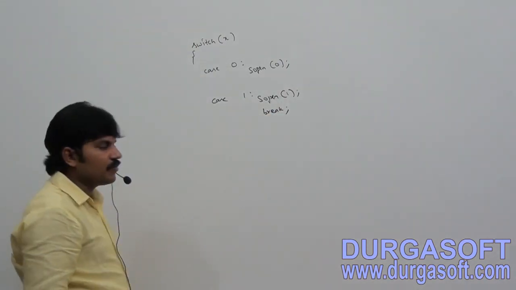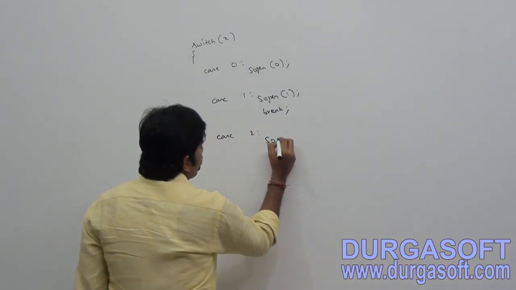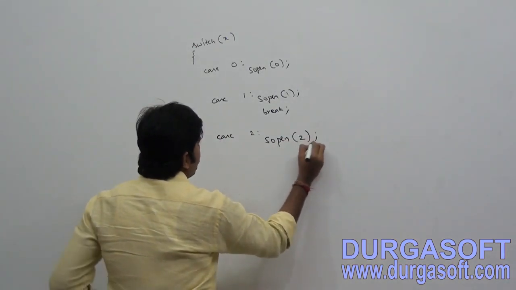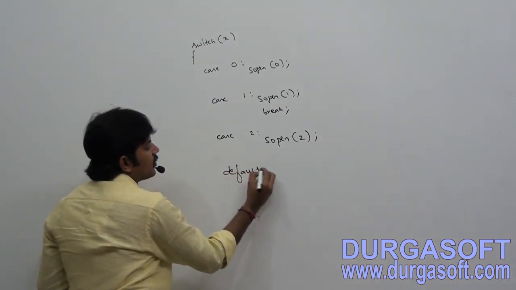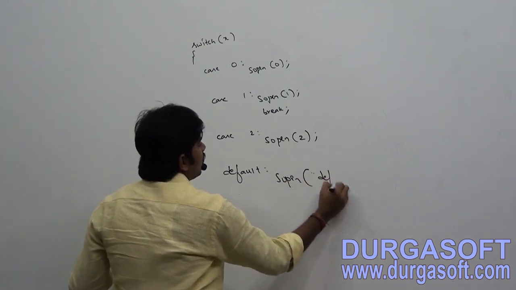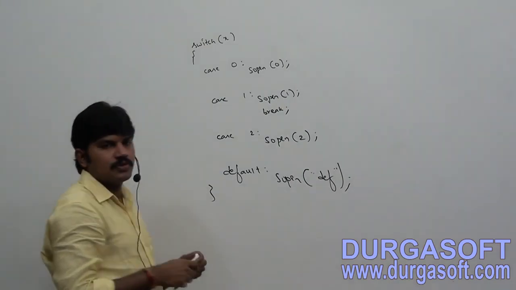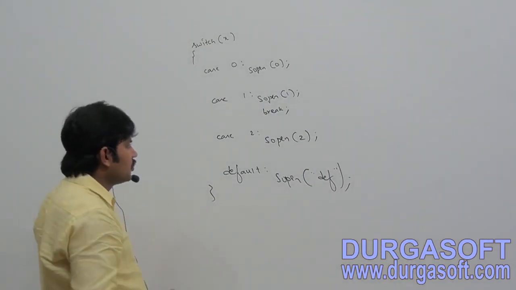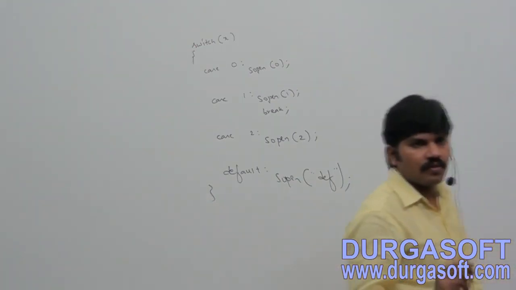Case 2, System.out.println of 2. Next, default case, System.out.println of DEF.